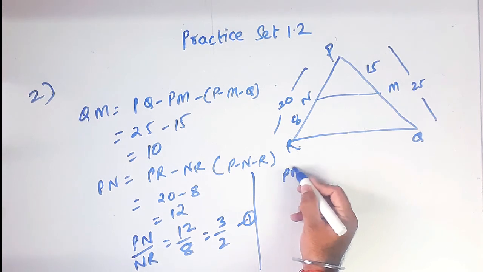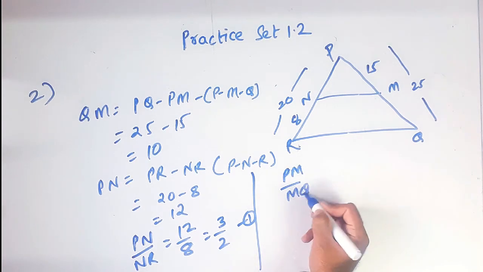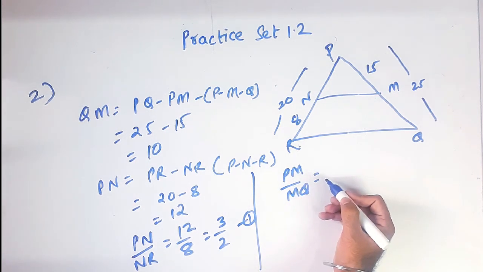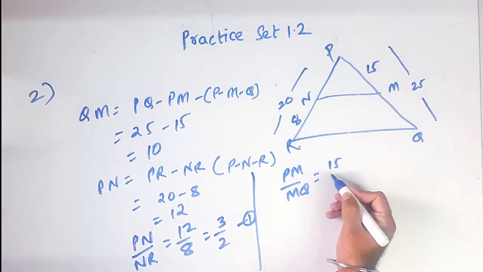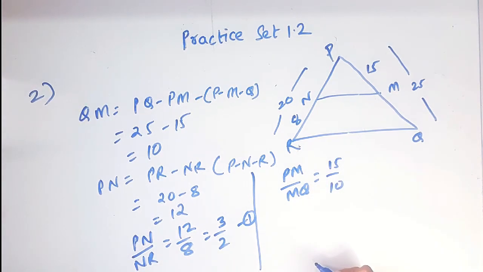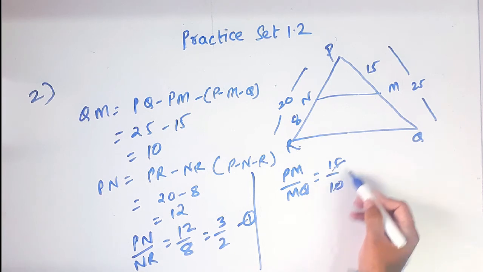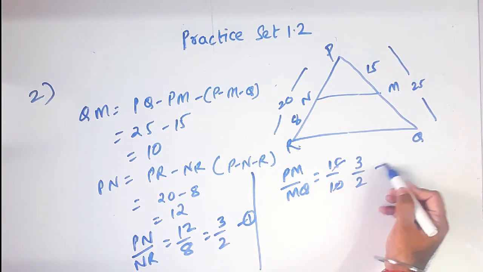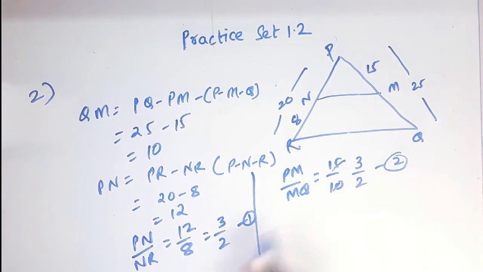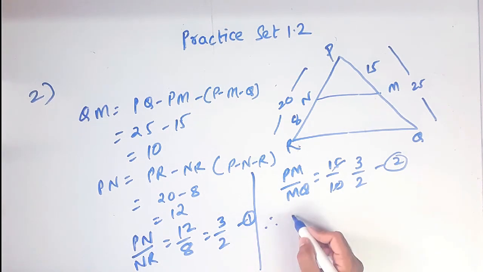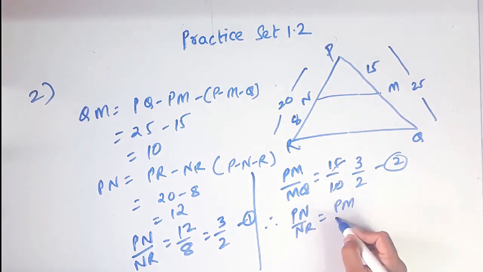Also PM upon MQ equals, this is 15 and this is 10. Okay, so we can cancel this by 5. 5 threes are, 5 twos are. You can see 1 and 2 are equal. That means these two ratios are equal. Therefore PN upon NR equals PM upon MQ.